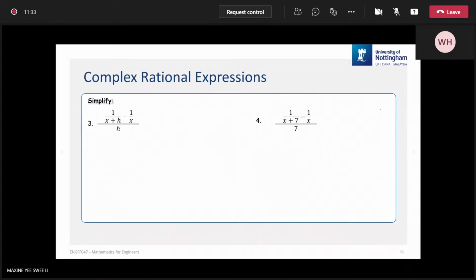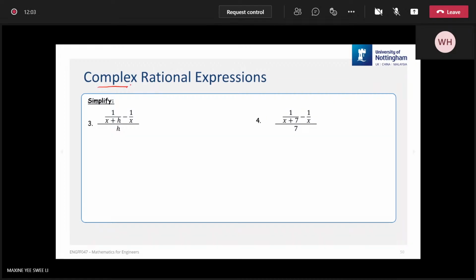Now moving on to question number 3. So here, instead of using a real number, I substitute with a variable. I'll just call it h. So here we have two unknowns, the x and the h. So don't be scared if you see more than one variable, right? You just try to simplify it. So again, this is a rational expression.